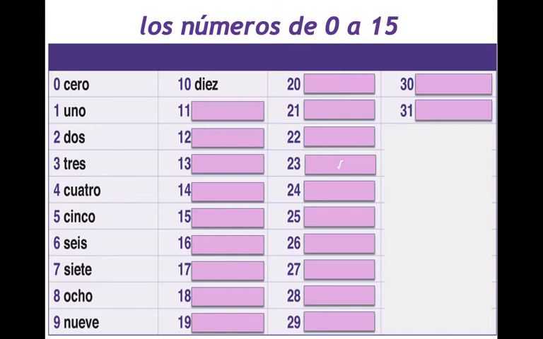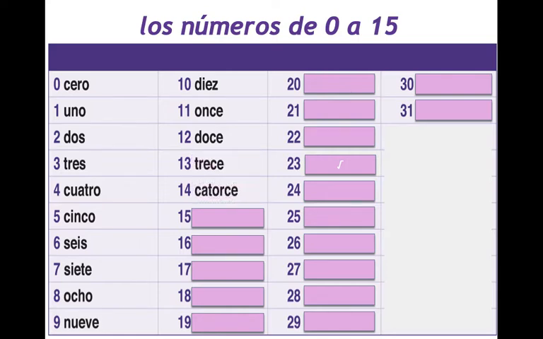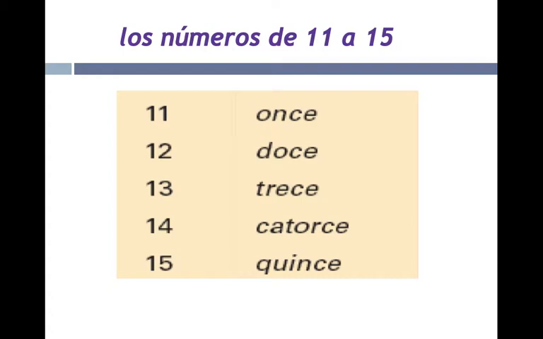Let's move on. Repita. Once, doce, trece, catorce, quince. Let's say those 5 together. What do you notice about these 5? What do they all end in? Yep, se, se, se, se, se.